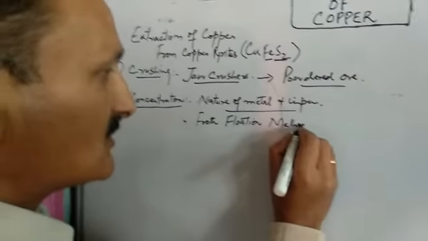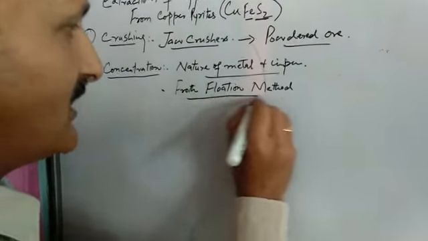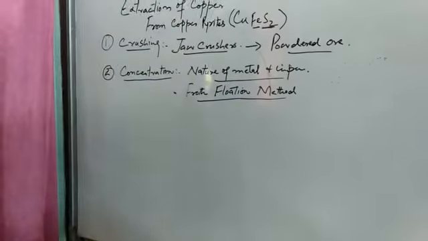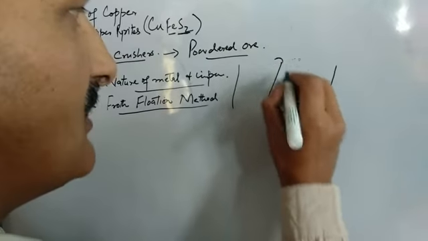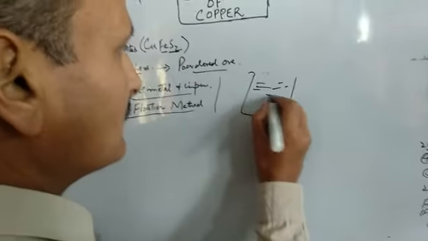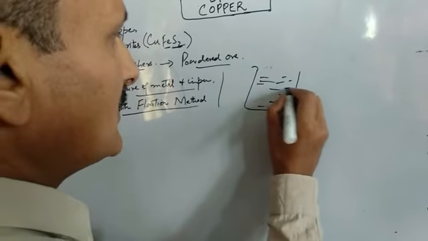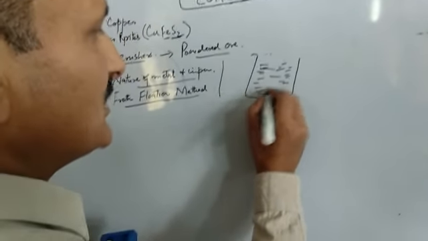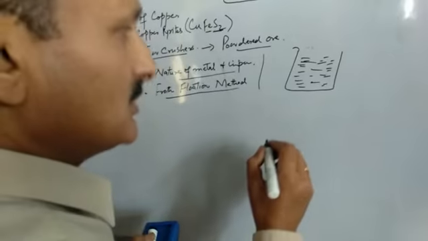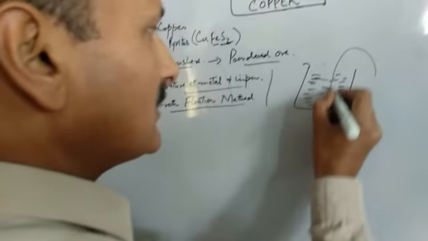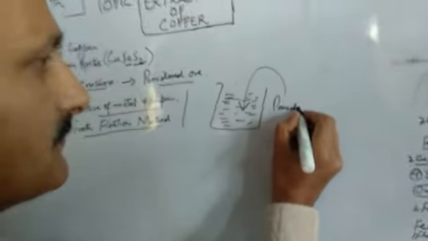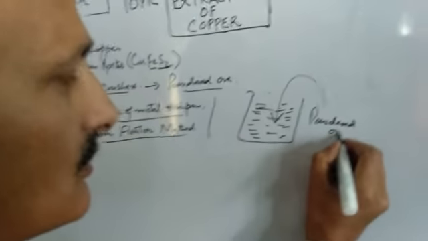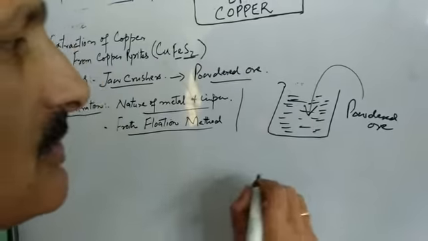Now what is done in this method? In this method, a suitable solvent is taken. By suitable I mean that the ore should get dispersed in it. So when powdered ore is put in this suitable solvent, what happens to this powdered ore?